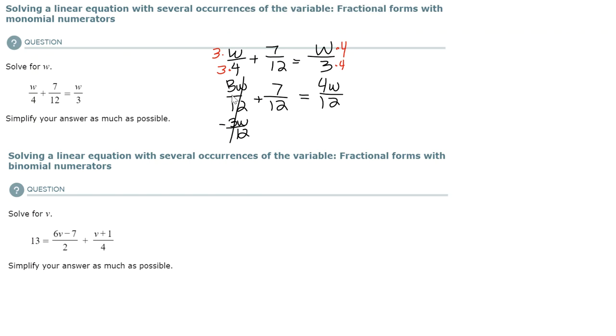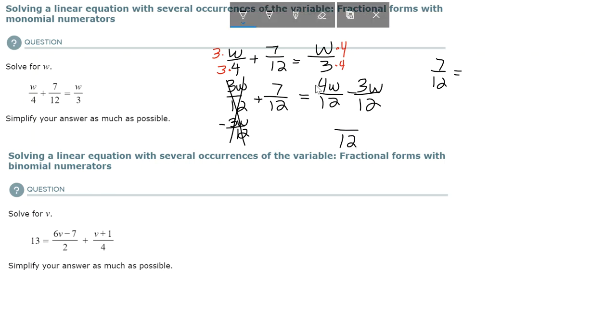Okay, so that goes away on the left, and I'm left with 7 twelfths. And then I want to subtract 3w over 12 on the right. Now what's nice is I already made the denominators the same. So my denominator is 12, and then I'm going to subtract my numerators. 4w minus 3w leaves me with 1w left.